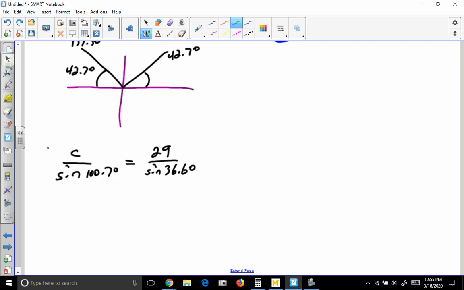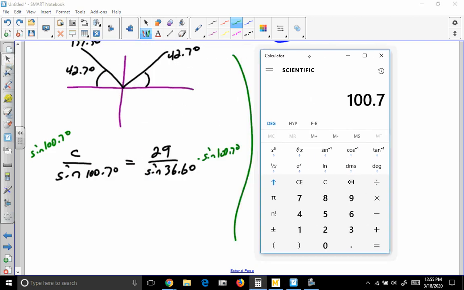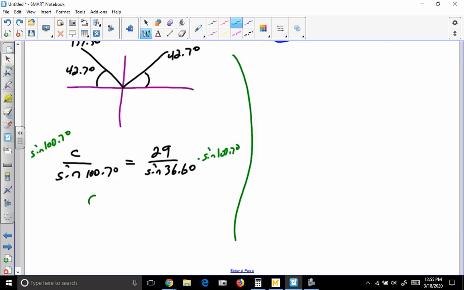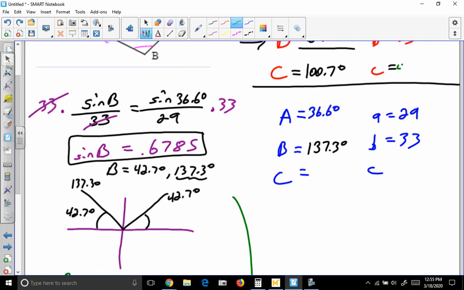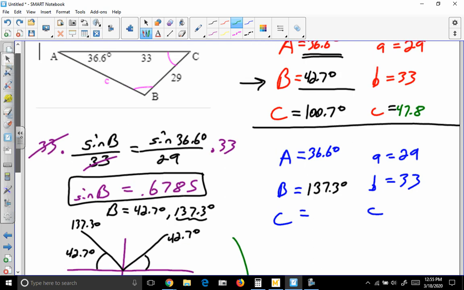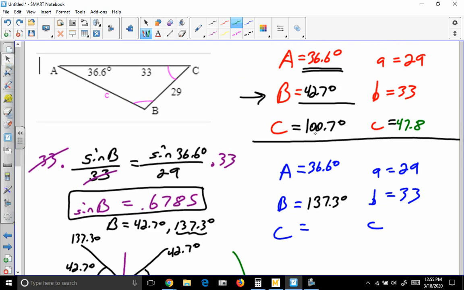So that'll allow us to find C. So multiply both sides by the denominator. And when we do that, for C we get 29 over sine of 36.6 times sine of 100.7, and I get 47.8. So that's not an angle, but that's side C. Notice that's the largest side, that's across from the largest angle.